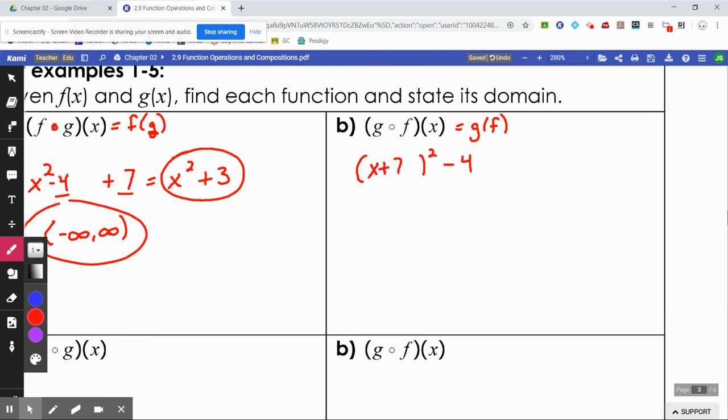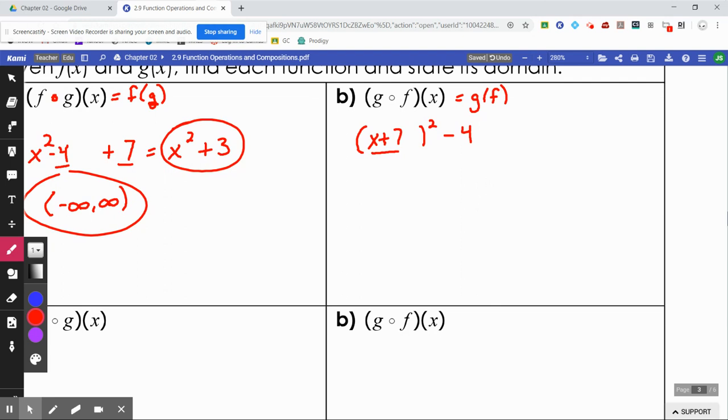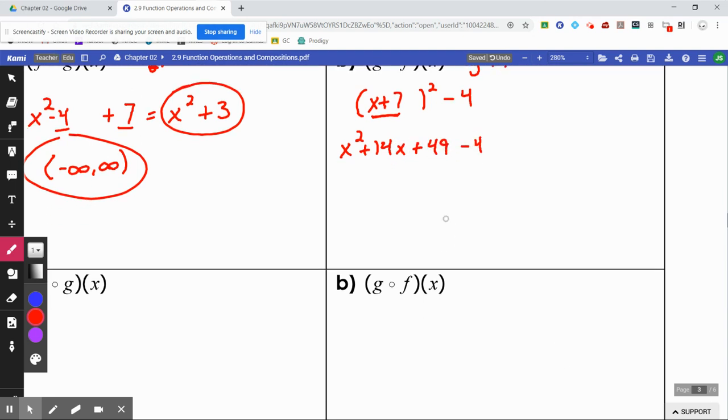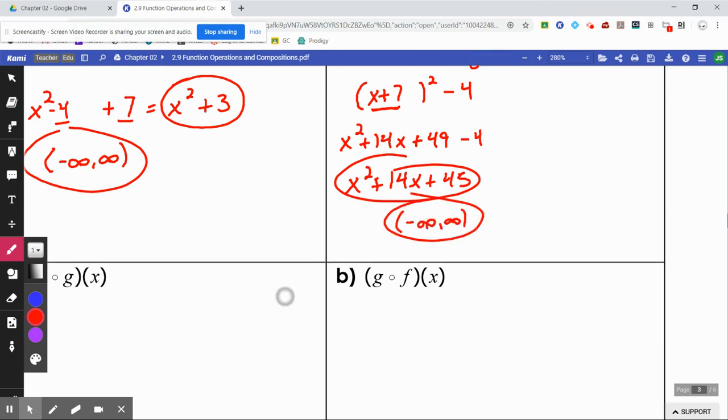And again, make sure with our domain that we're not plugging anything in here that would have made our g function undefined. To square that, we're going to FOIL it, x plus 7 times x plus 7, and you would get x squared plus 14x plus 49. Bring down the minus 4, combine like terms, you get x squared plus 14x plus 45. And again, our domain there would be all values from negative to positive infinity.